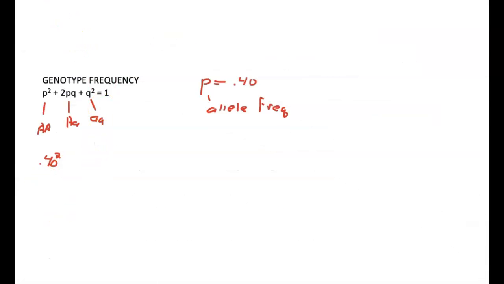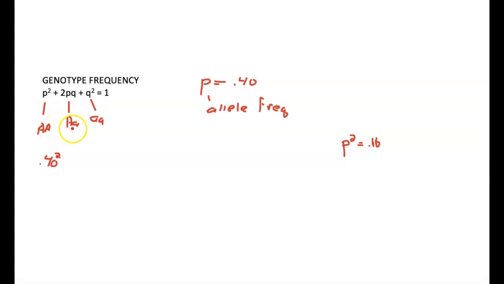So P squared in this world, I'm going to put these over here. P squared equals 0.16. I can assume 0.16 or 16% of the population has homozygous dominant alleles.